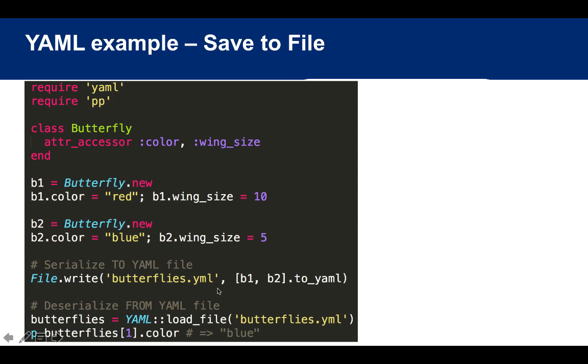And then maybe somewhere else you say YAML.load_file, and you pass in the path to the file, which in this case happens to be in the same directory as your executing program, and you initialize a butterflies variable. And just to show you that it's an actual variable ready to go, you could do butterflies.index(1), which is the second one that you created, and its color will give you back blue.